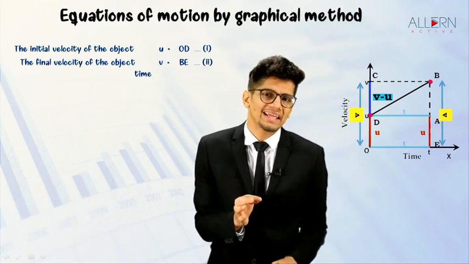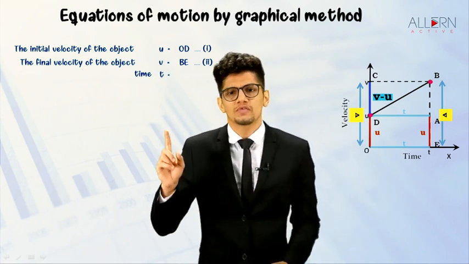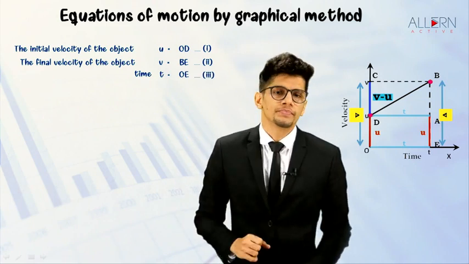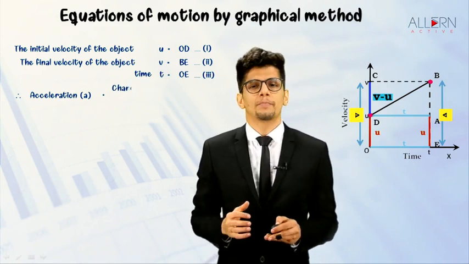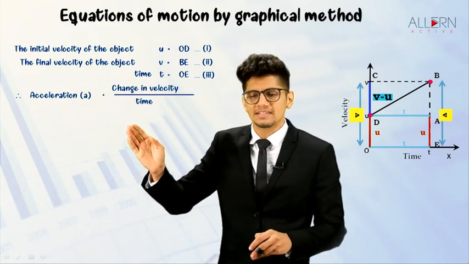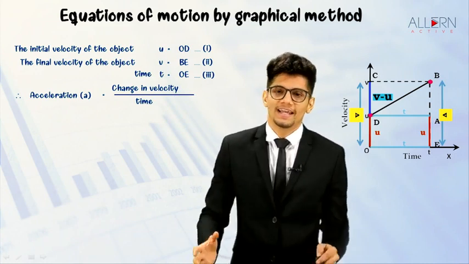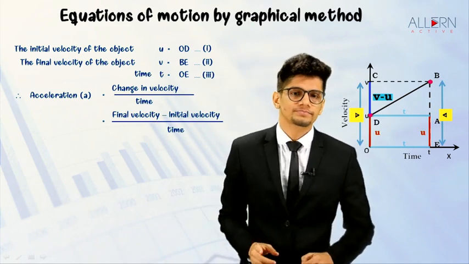Now we know that time is t and this time in this case is OE. So we have OE as the time. This is equation number 3. Now we know that the formula for acceleration is change in velocity upon time. So acceleration is equal to change in velocity upon time. Now what is change in velocity? It is final velocity minus initial velocity upon time.